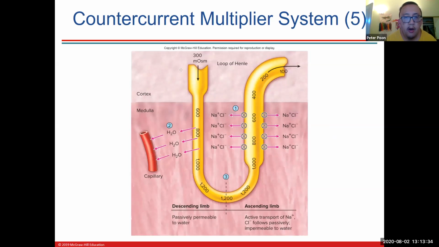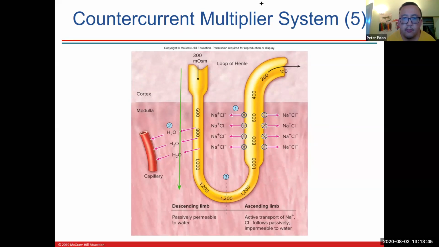Current goes this way first, and then it goes that way. So this right here is 300 milliosmolar.